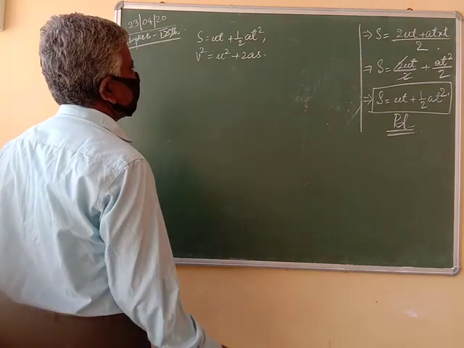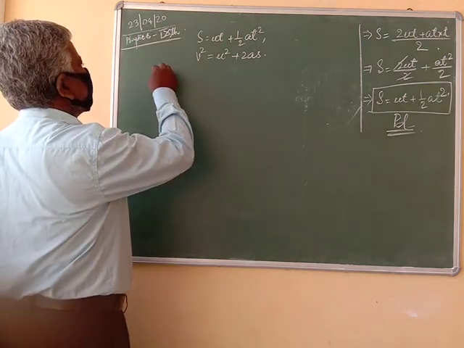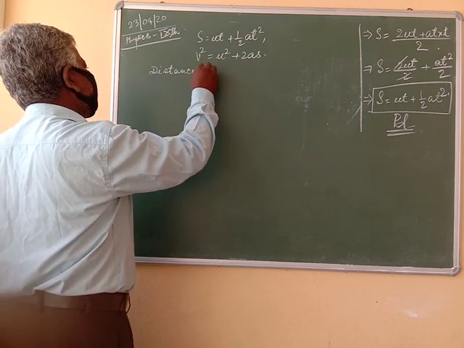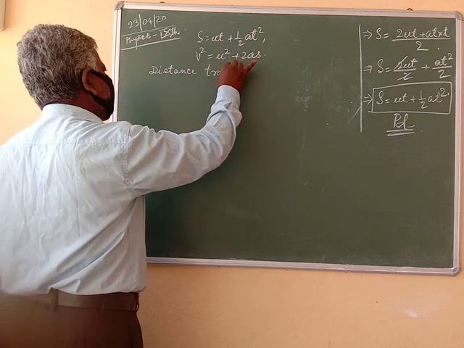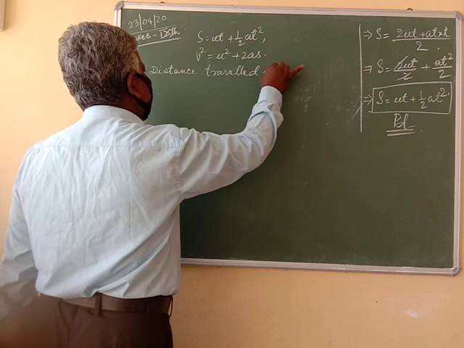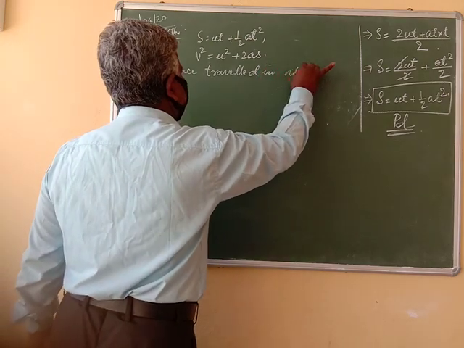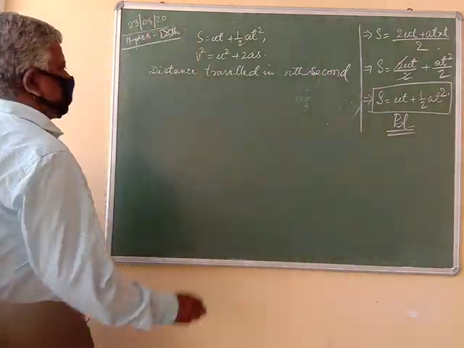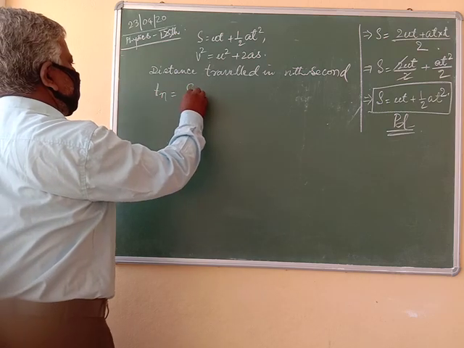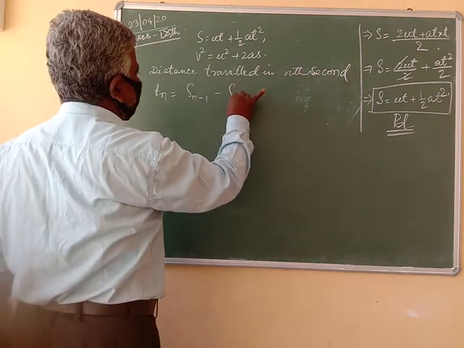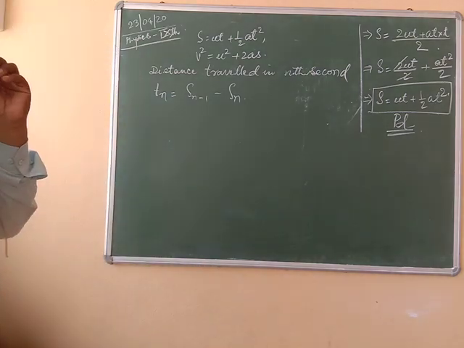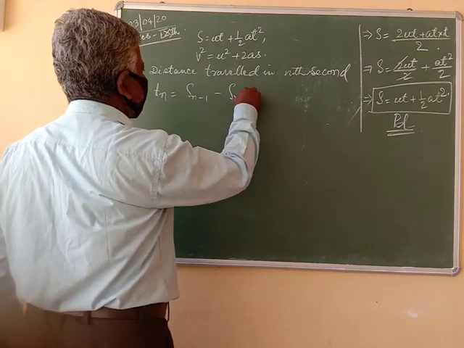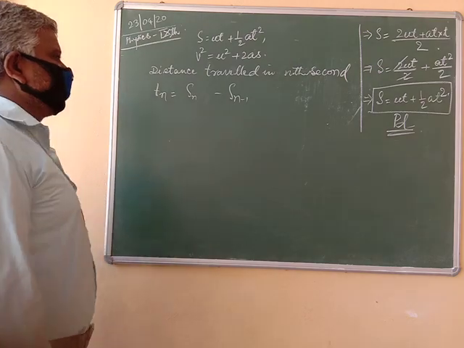Another look: distance traveled in nth second, that is Tn is equal to Sn minus Sn minus 1.